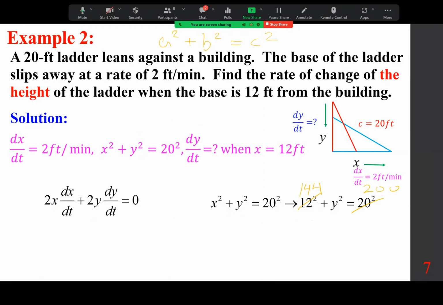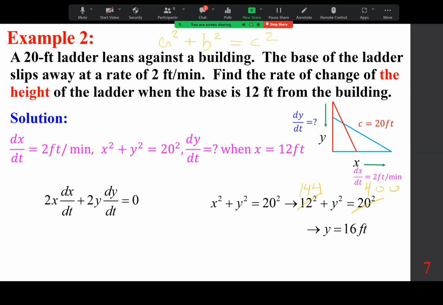This is 20 squared or 400. Subtract 144 from 400 and take a root, y becomes 16.